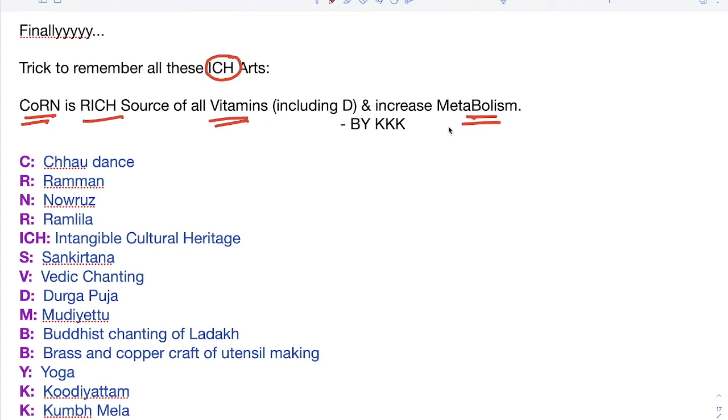It was told by Triple K. I hope all of you watched the movie Triple R, RRR. It is given by KKK. I have one of my friends, KKK, K3, that is, his name is K Kranti Kumar, okay, Triple K. So, he is my best friend, so I included his name in this trick and I am very very happy for that. And this is the best trick to remember all the ICH forms.